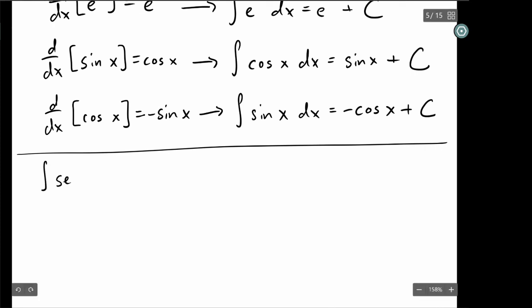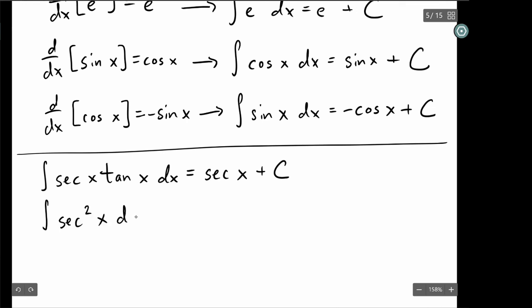So, secant x tangent x. Do you remember this as the derivative of some function? Well, hopefully you do. This is secant of x. Again, plus c. Secant squared of x. Hopefully you remember this one too. This is tangent of x.